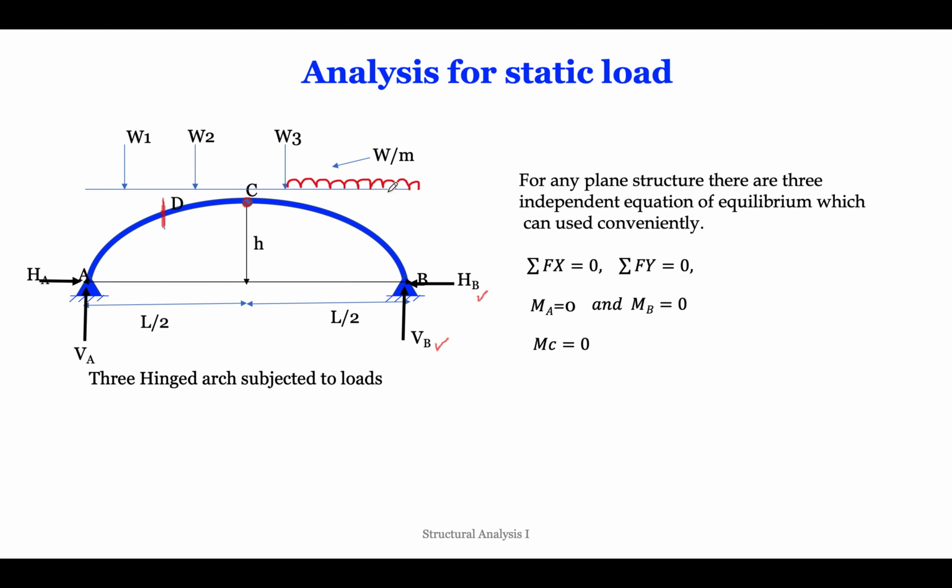Because of whatever loading is acting on this arch, there will be some normal thrust and radial shear at every point throughout the arch. So what is that at a particular point D? That is what we are going to find out, and we will arrive at one formula.